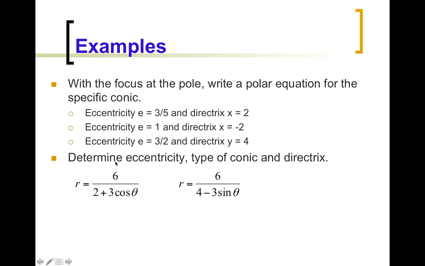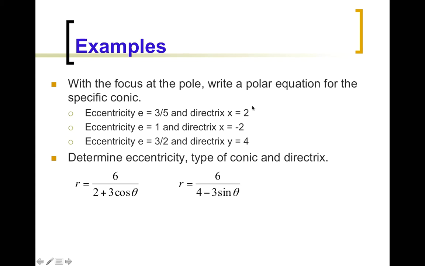So let's start off with the first three questions here. With the focus at the pole, write a polar equation for the specific conic section. If eccentricity is 3/5 and the directrix is x equals 2, well, we would look at that and go, if the directrix is x equals, that's going to be either of the first two equations.